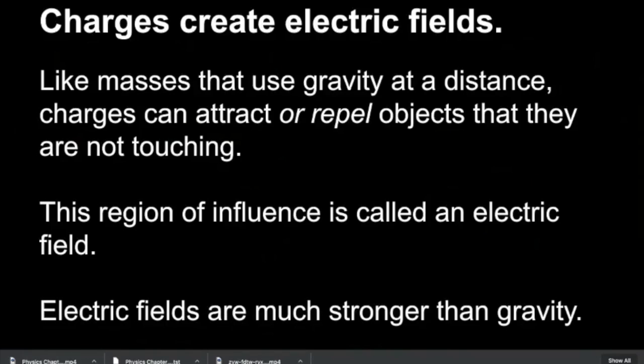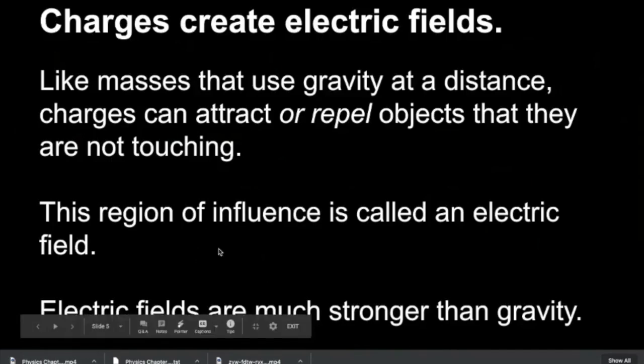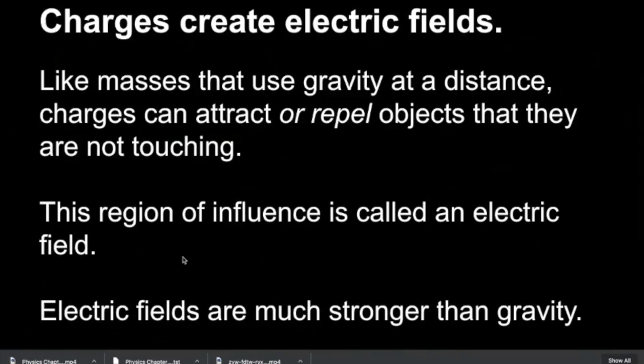Just like around any mass, you have something called a gravitational field. And if you have enough mass, you have a strong enough gravitational field to really notice it, like the Earth. Okay, you have a gravitational field, but because you're not big, that gravitational field is not noticeable. For charges, every charge has its own electric field around it.